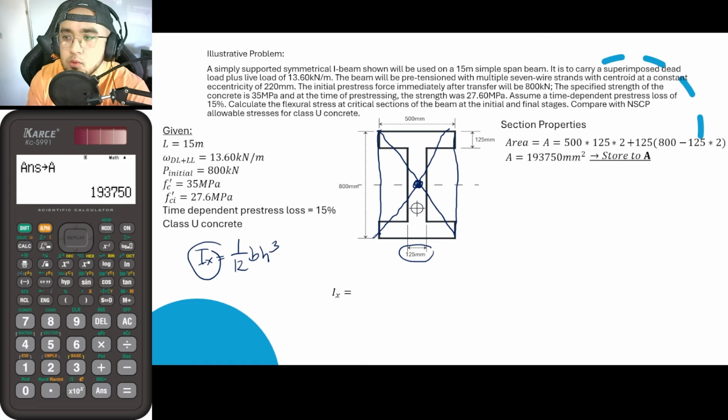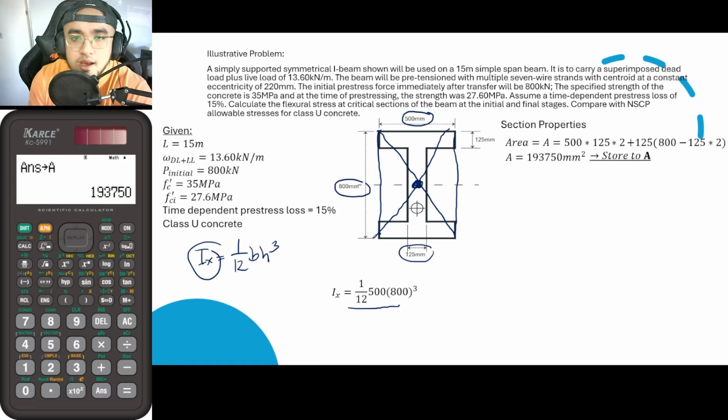So I would not need to use a transfer formula since it has already coincided with the neutral axis of the whole section. So that is now equal to 1 over 12 times b, my b is 500, times h, and h is 800, then cube it.